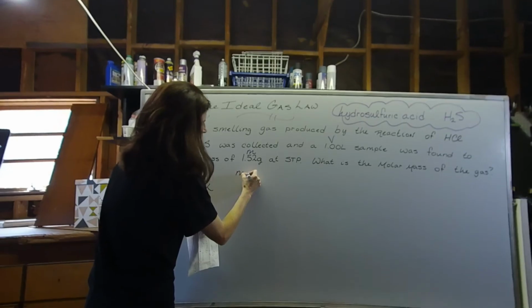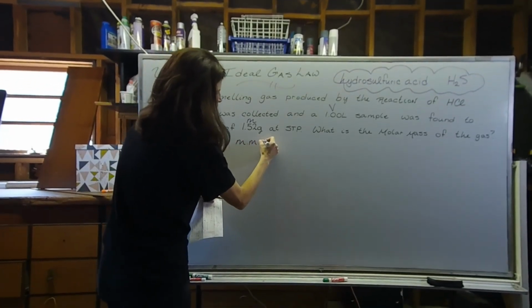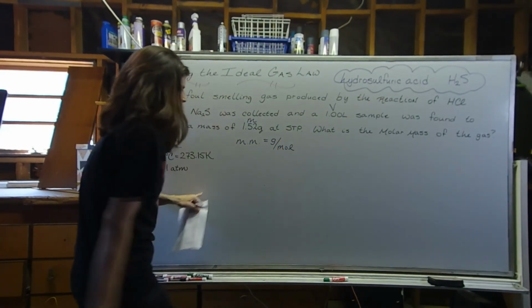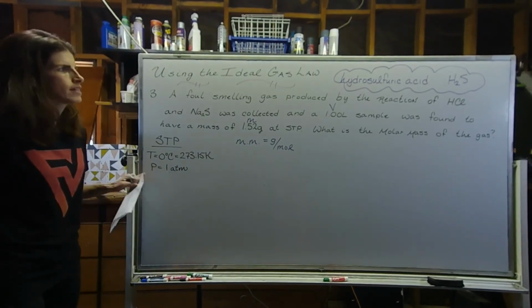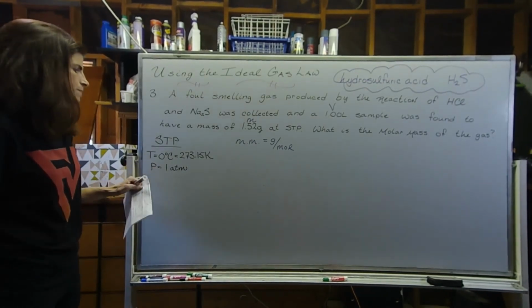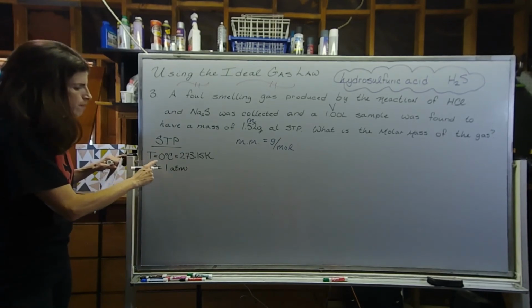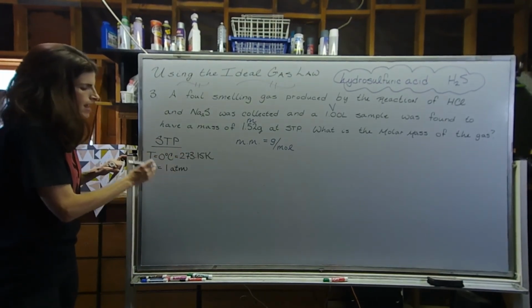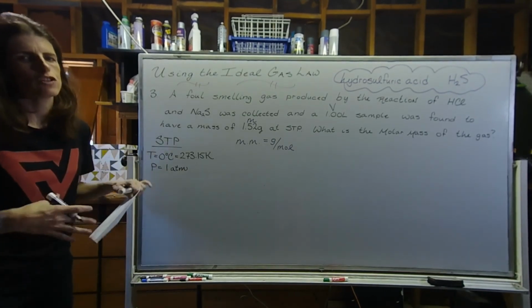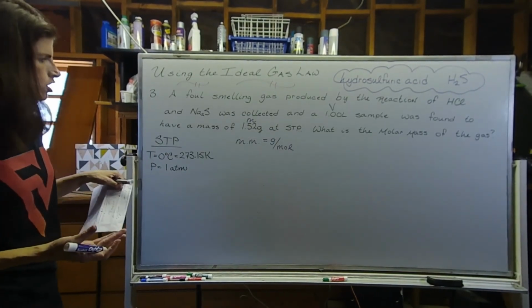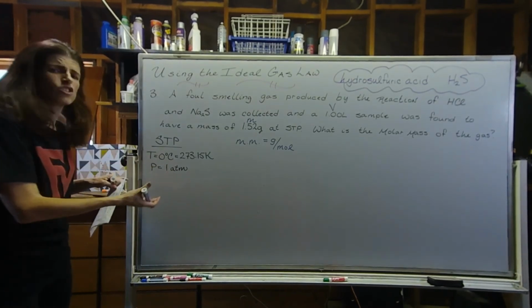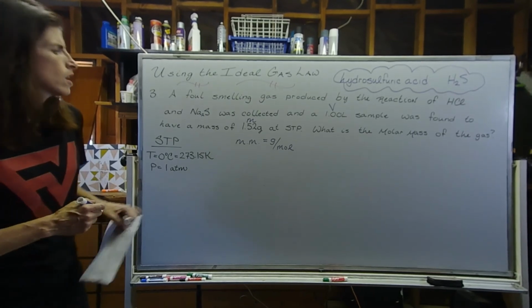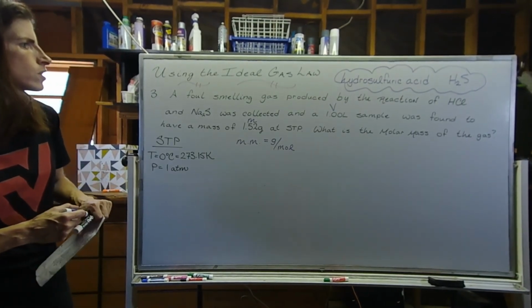So right off the bat, I'm thinking my final answer needs units of grams per mole. They also told us that the reaction was done at STP. And so the temperature then would be 273.15 Kelvin, and standard pressure is just standard atmospheric pressure. You know, any reaction that you do in an open beaker is going to be done at 1 atmosphere of pressure, so we'll plug in that as well.